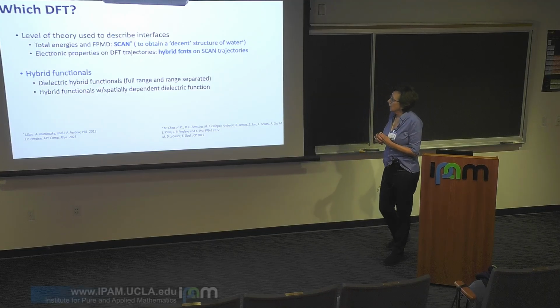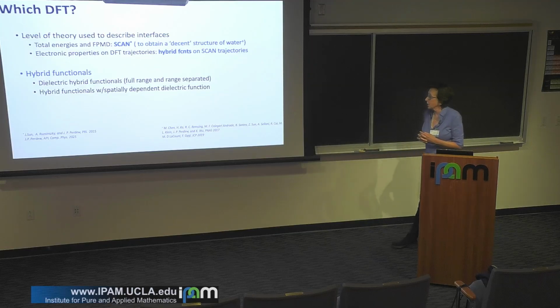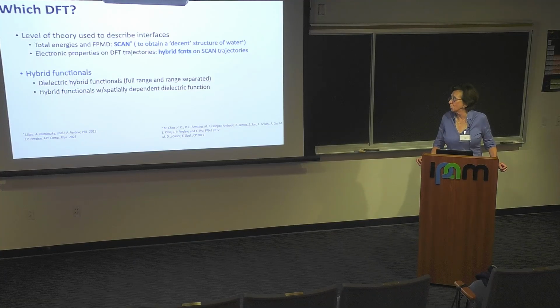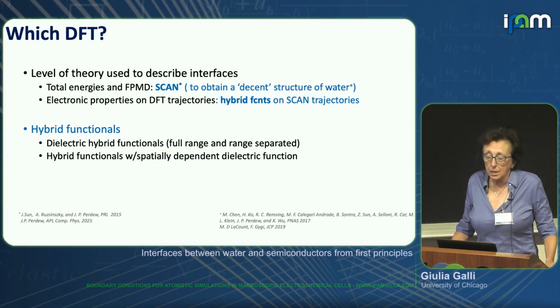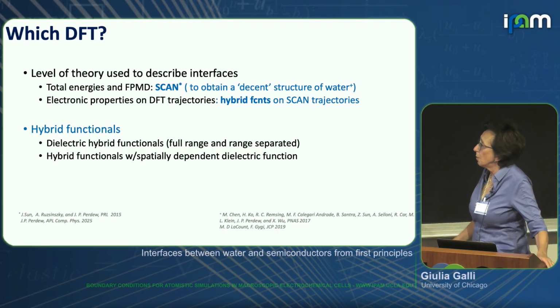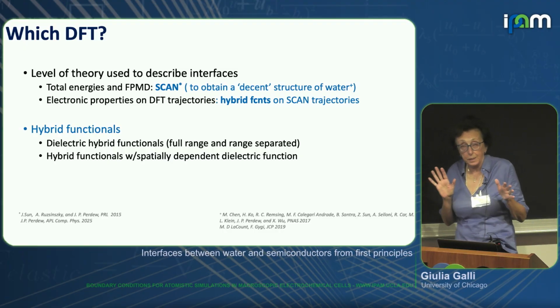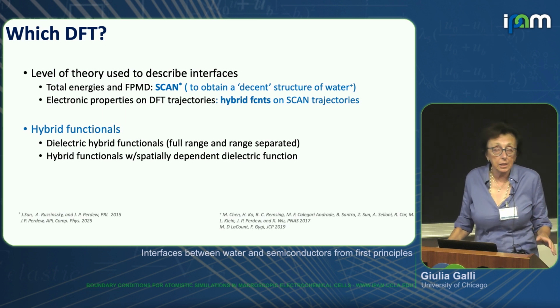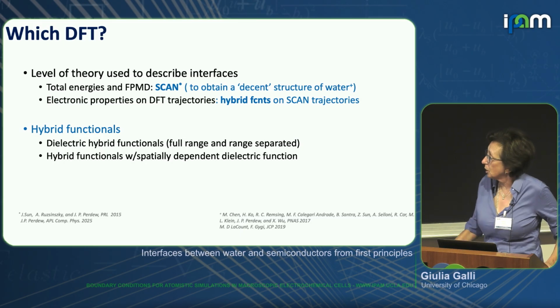This is a functional proposed 10 years ago by John Perdew and others. The references are here. Basically the motivation for choosing SCAN is to have a decent representation of water, and it also does a decent job for all the structural properties, not electronic, of the oxides and semiconductors that we have studied. But really that was the motivation.